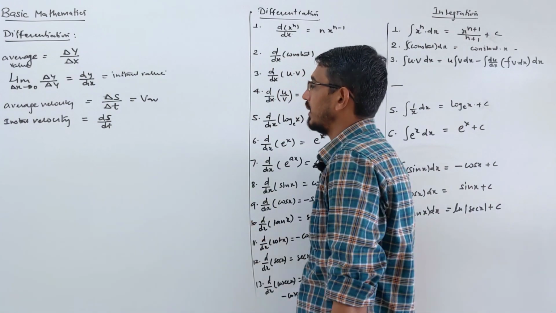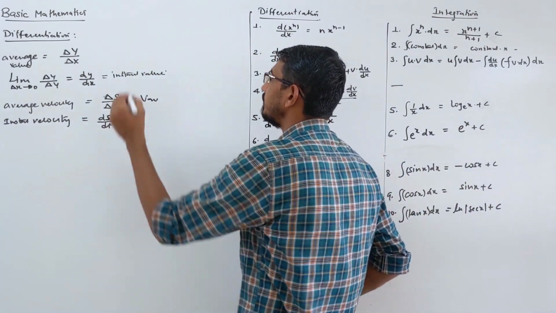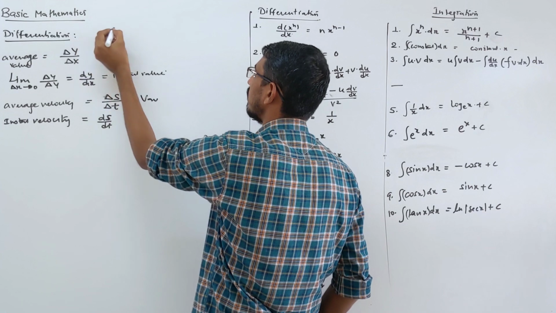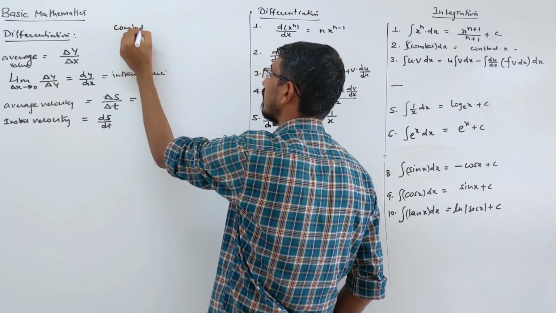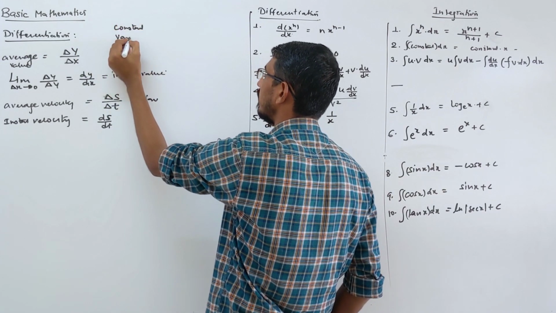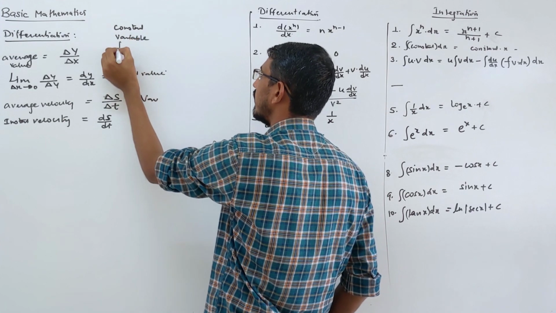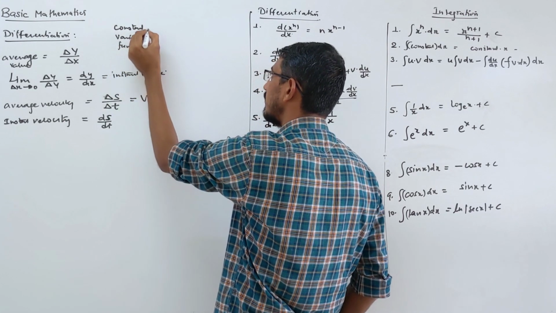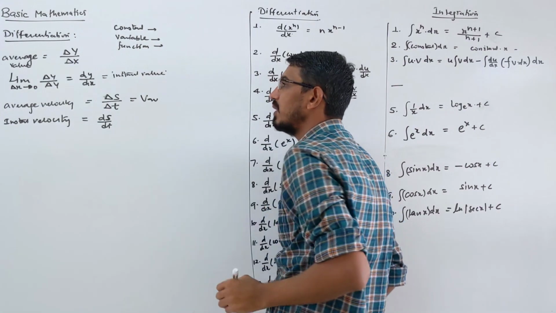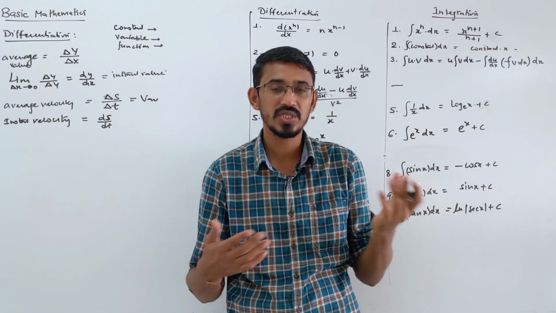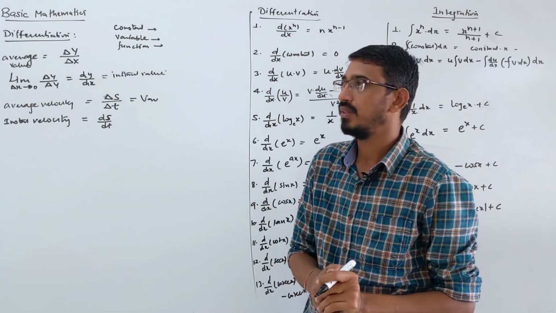Three words we have here that you should understand: constant, variable and function. These three words we will hear when we talk about differentiation. Constant means some value which is not changing with time or distance, anything.